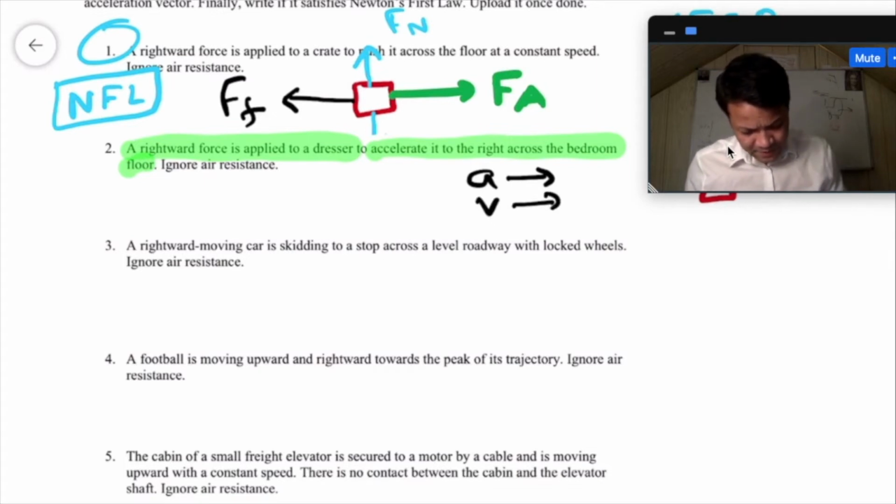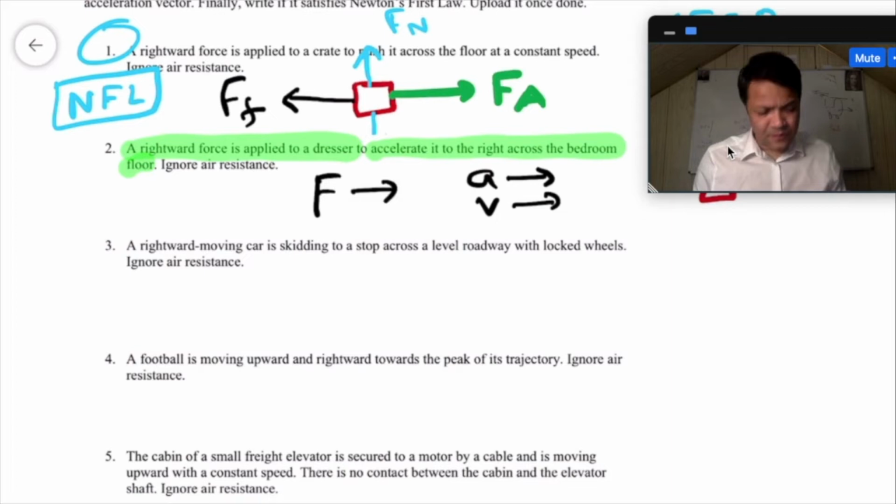Force is also right. What do you know about force? You know that if you know the direction of the acceleration, you know the direction of the force. If acceleration is to the east, force is to the east. If acceleration is to the west, force is to the west.